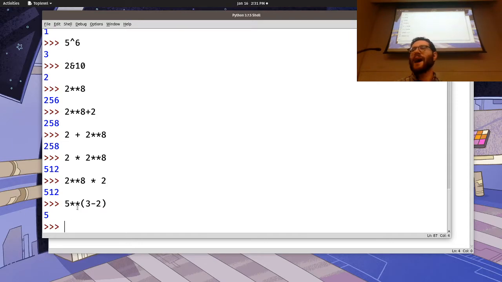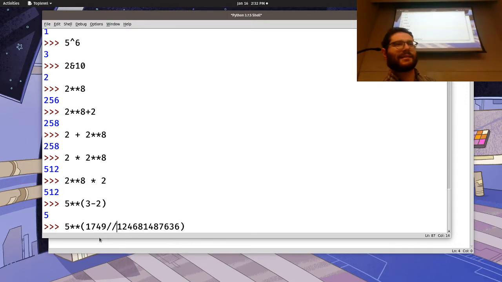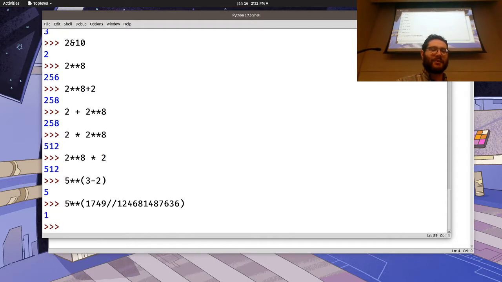5 to the 1st power. Or if I'm feeling really vindictive, I might do something like this. Anybody want to tell me what that is? Yes? It's 1, right? So it's 5 to the 0th power, right?